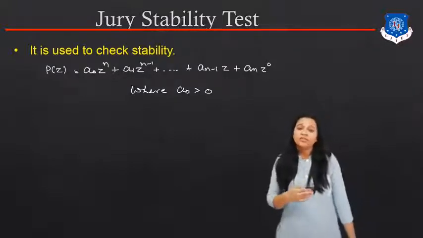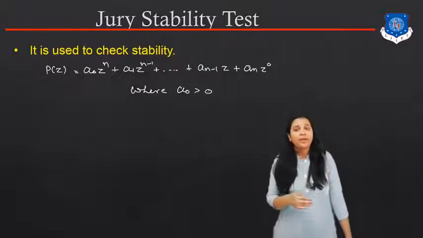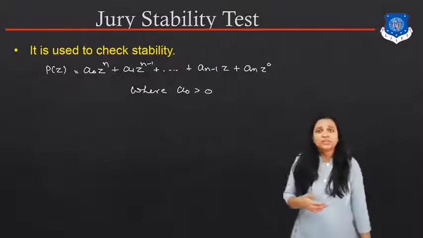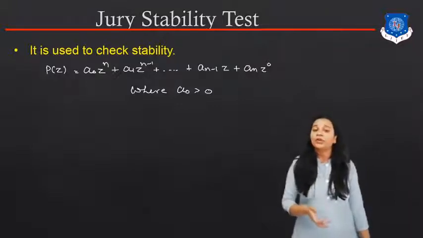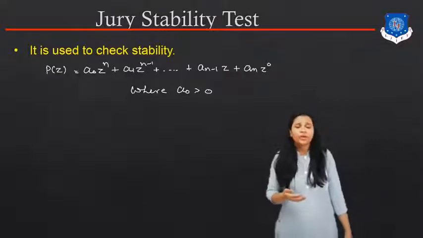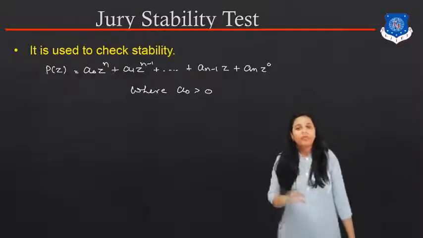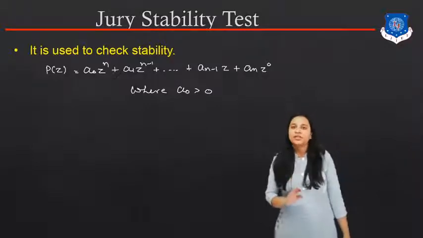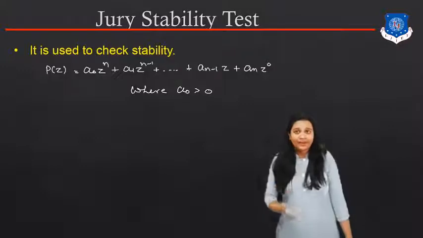We can justify whether the system is stable or unstable. Now, in some plants or systems, it is not necessary to find the value of the roots, poles or zeros. We only need to check the stability of the system. For that type of plant, we use the Jury stability test.